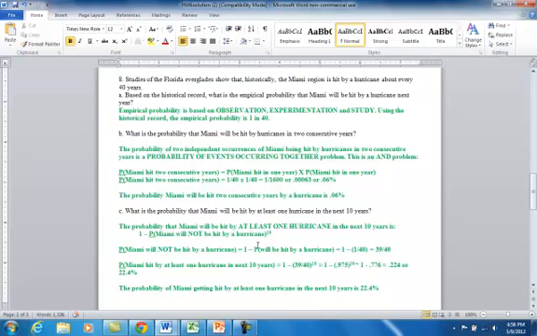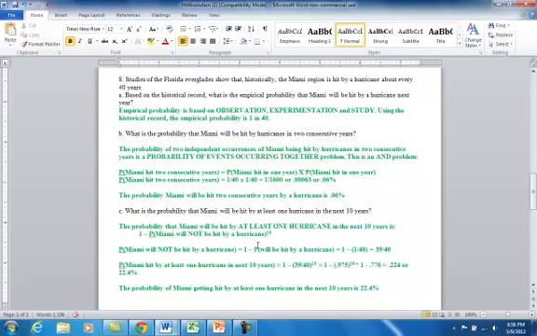So the probability that Miami will be hit in 2 consecutive years is equal to the probability that Miami will be hit in 1 year multiplied by the probability that Miami will be hit in 1 year. We know the probability is 1 in 40, so we multiply 1 over 40 times 1 over 40. That equals 1 over 1600, which works out to 0.00063.